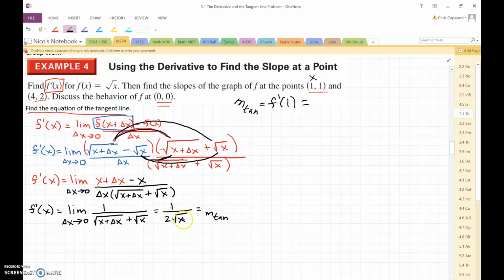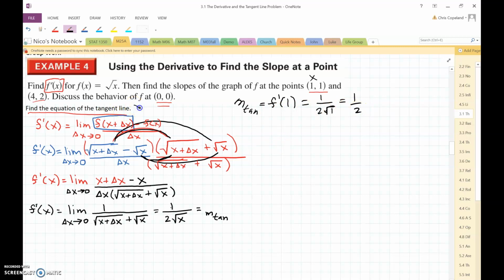So I would plug that into this function here. This would be 1 over 2 times the square root of 1, which would be equal to 1/2. So for this particular function, the square root function, when x is 1, the slope is going to be 1/2.